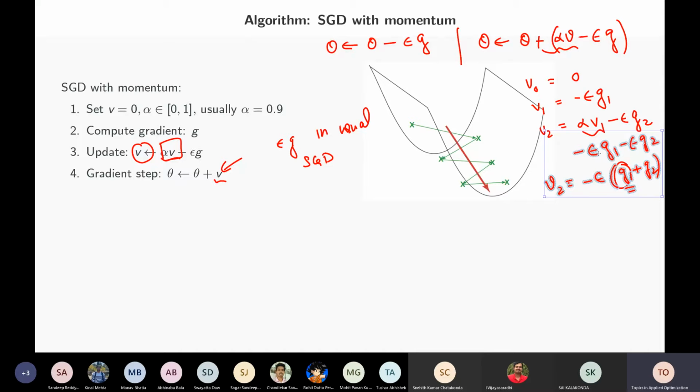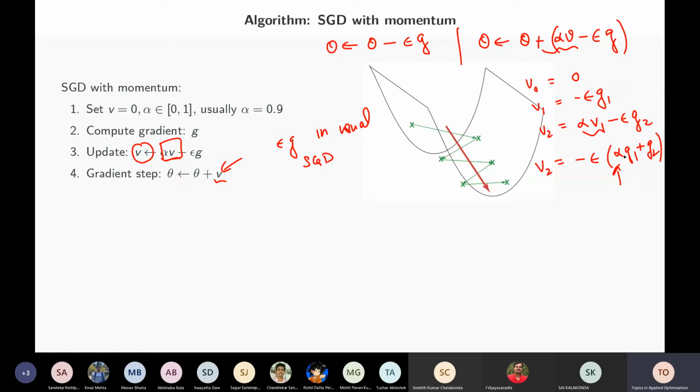So alpha will be inside. Let me correct this. v2 is minus epsilon times alpha g1 plus g2.